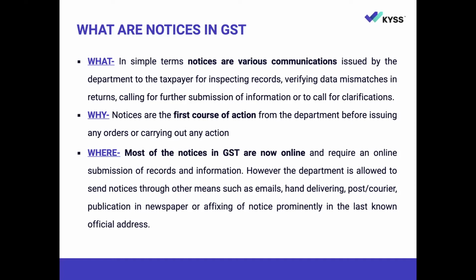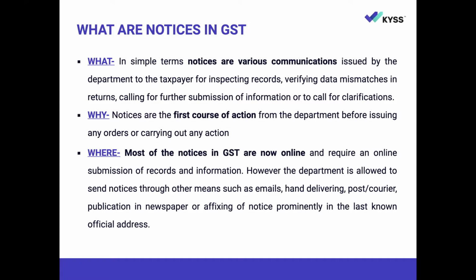Now, if all of these means are not working for various reasons, that the emails are not being delivered, posts are not being delivered, they can also go ahead and publish a notice in the local newspaper in the area where the taxpayer is registered. And if this also fails, the last course of action for the department is to prominently paste the notice in the last known official address.